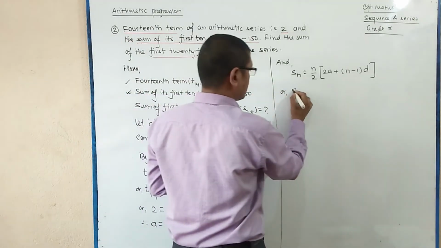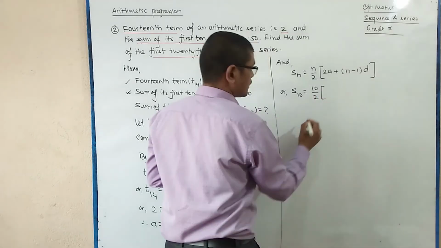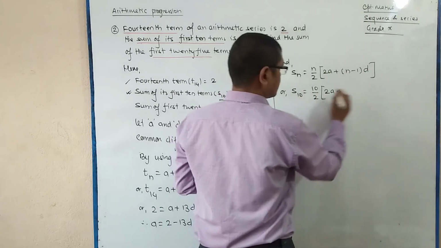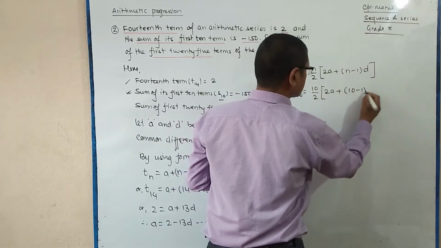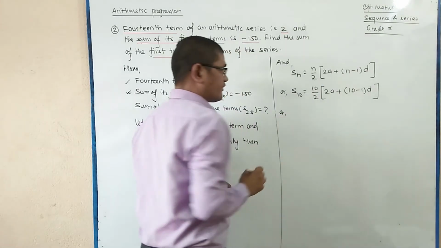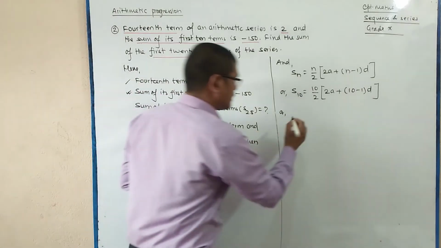So S10 equals 10 by 2 times (2A plus (10 minus 1)D), and the value of S10 is minus 150.